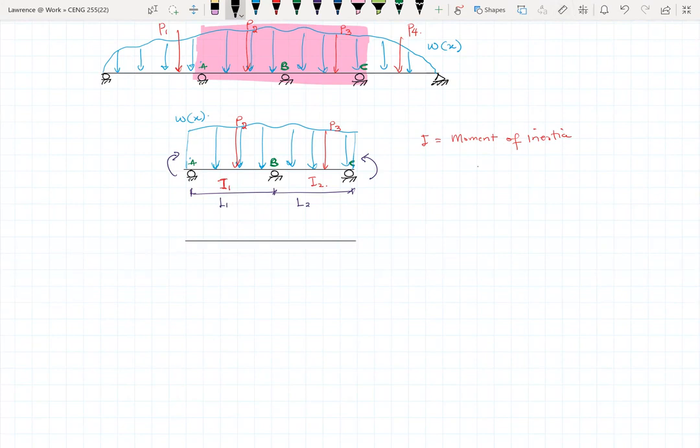So we end up with, again, these are my supports. These are our elastic curve. I don't like this eraser.